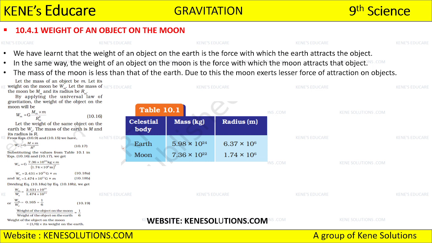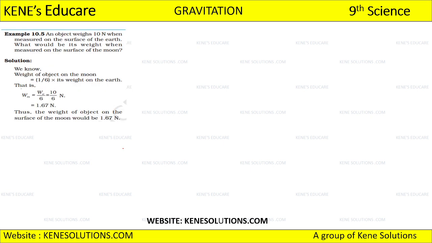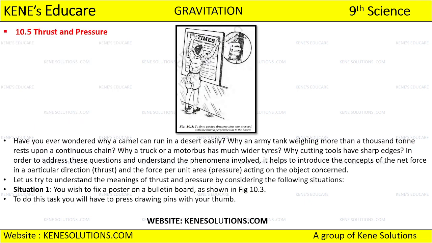Let's suppose you land on the moon, what will your weight be and how will we calculate it? Then we have example 10.4, where we'll be calculating the weight on the earth. Then we have 10.5, where we will be calculating the weight when measured on the surface of the moon.